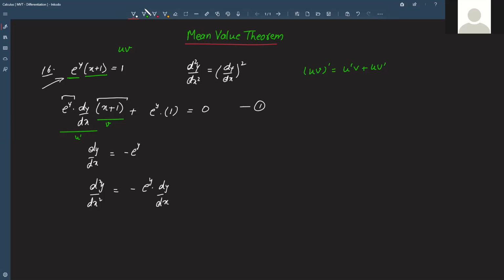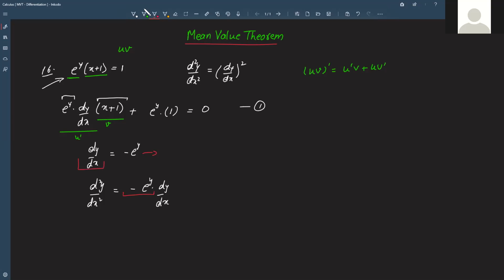Correct. So this is the expression after the second differentiation. Now see this carefully. Here you have minus e to the power y. And what is minus e to the power y? That is actually equals to dy by dx. And here also we have this minus e to the power y.